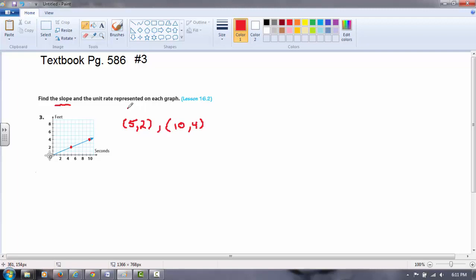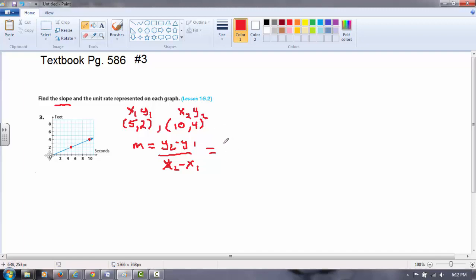I'm going to label each of these as x and y for my ordered pairs. We'll call this the first ordered pair, put little ones here in subscript notation, and then little twos over here. Okay, I'm going to write down the formula that we can use, y2 minus y1 over x2 minus x1, and I'm just going to substitute in the numbers that we have here.